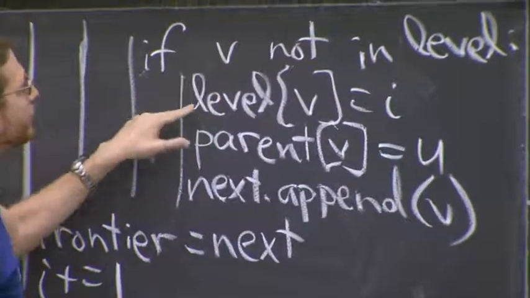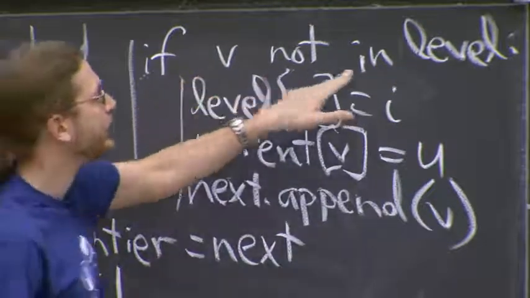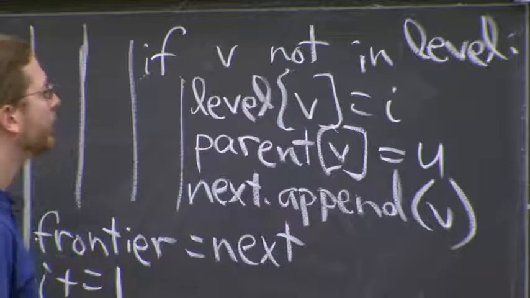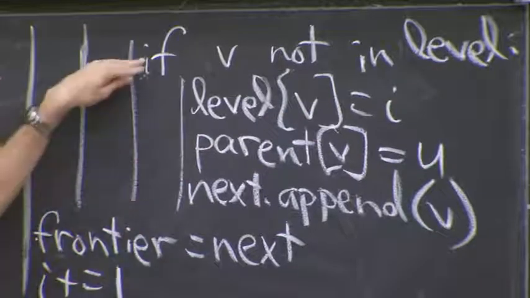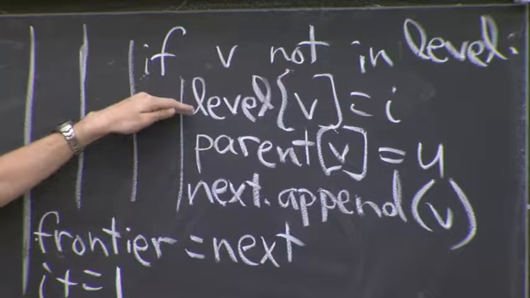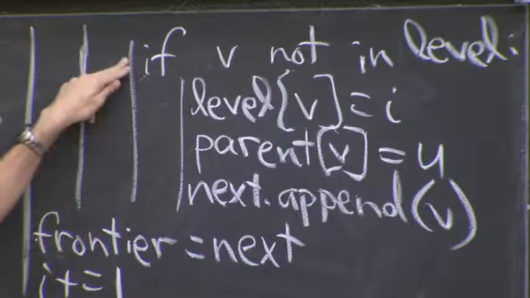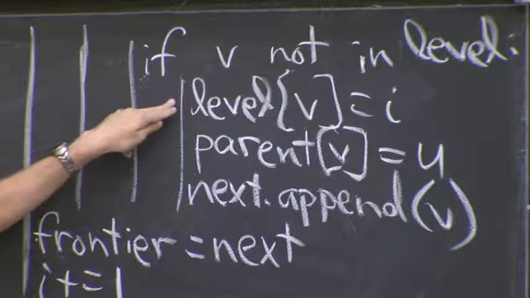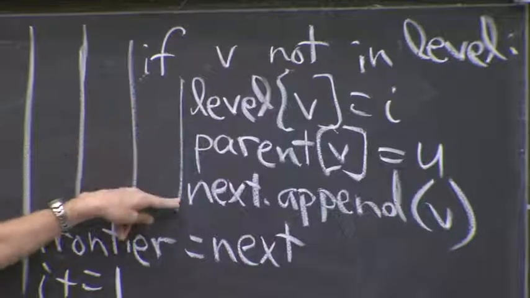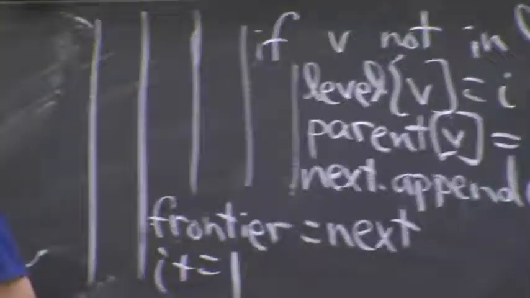If we have, we would have set its level to be something. If we haven't seen it, it will not be in the level hash table, the level dictionary. And so if it's not in there, we'll put it in there and add it to the next layer. So that's how you avoid duplicates. You set its level to make sure you will never visit it again. You add it to the next frontier. You iterate. You're done. Okay?